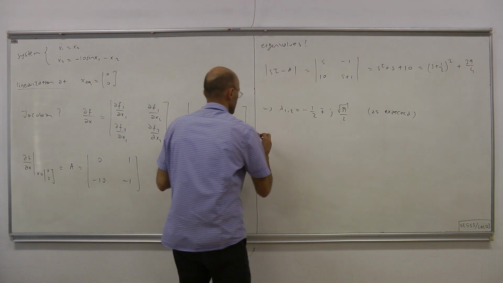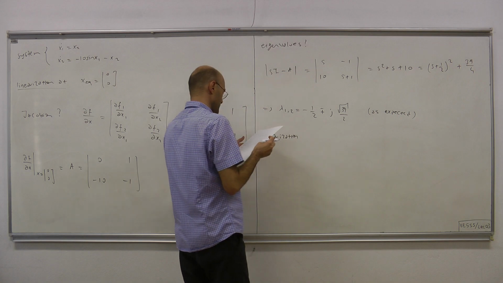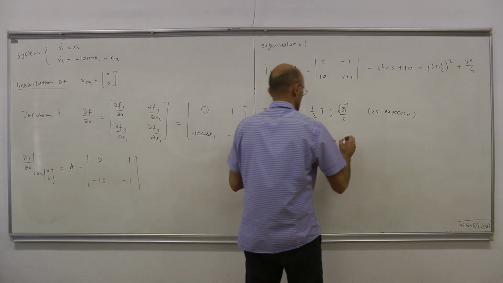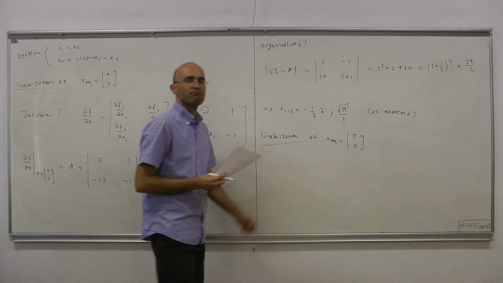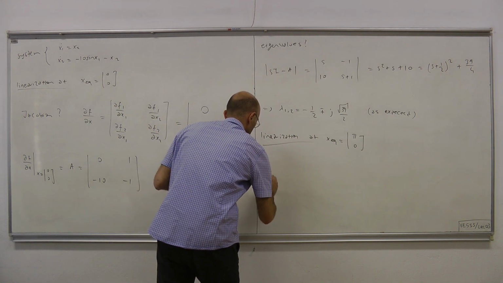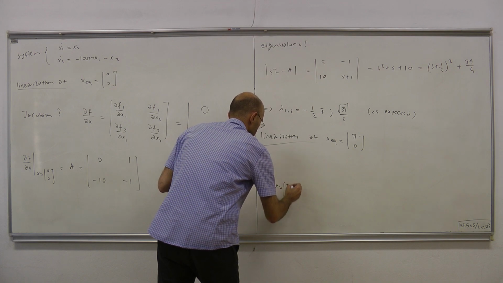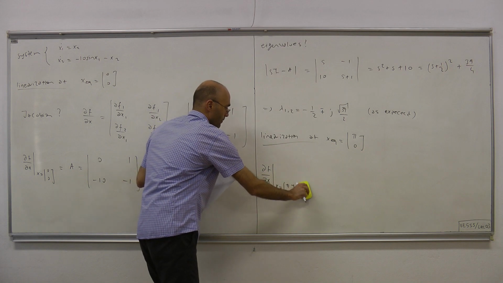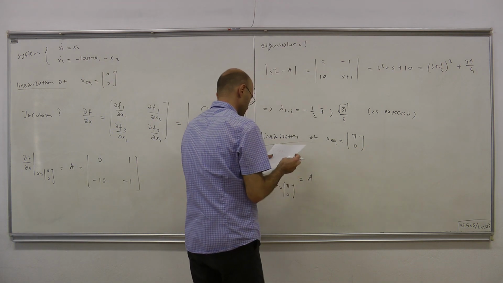How about the other equilibrium point, linearization at x equilibrium pi, 0. Okay. Then partial f partial x evaluated at x equals pi, 0 equals the A matrix.